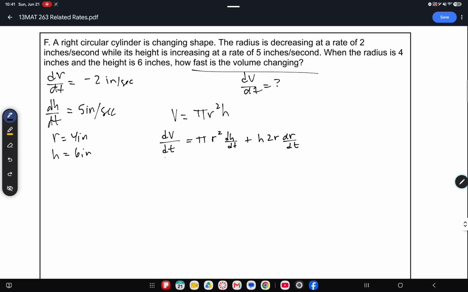I want to find dV dt, so that means I know everything else. So pi, it's a multiplier, so I really should throw that out front. R squared, so 4 squared dH dt was 5. And then I have 2 times h, which was 6. R is 4, and dr dt was negative 2.